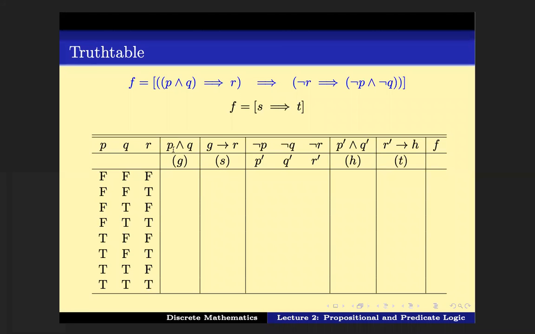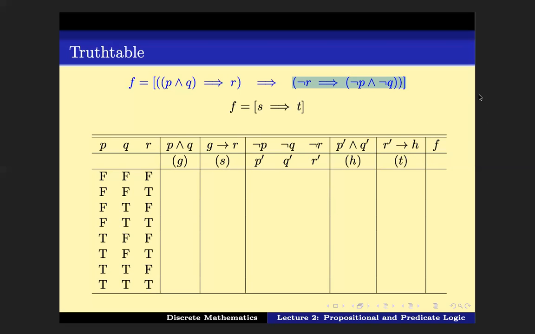Say P and Q can be called G, and this whole thing therefore becomes G implies R. Then we can have not P, not Q, not R, and similarly P prime and Q prime. Then this whole thing is R implies this H. And F is basically S implies T, right, sorry, I made a mistake.